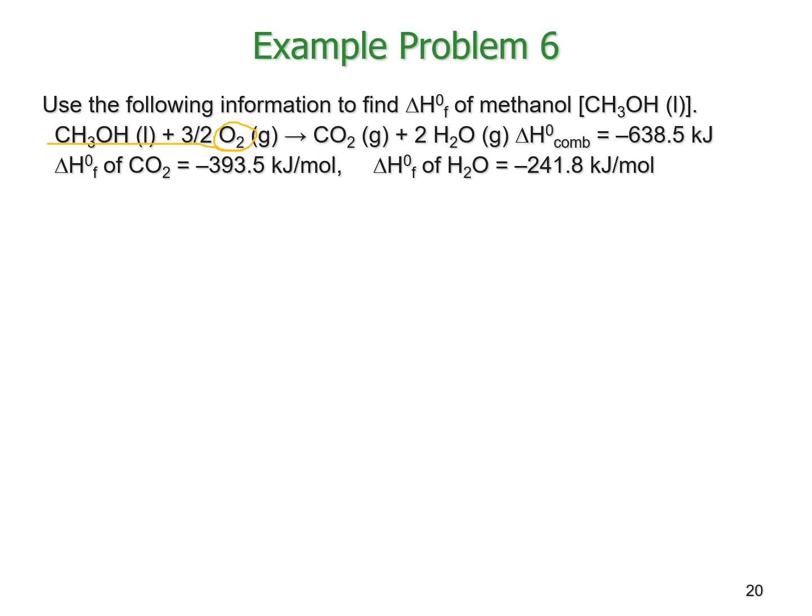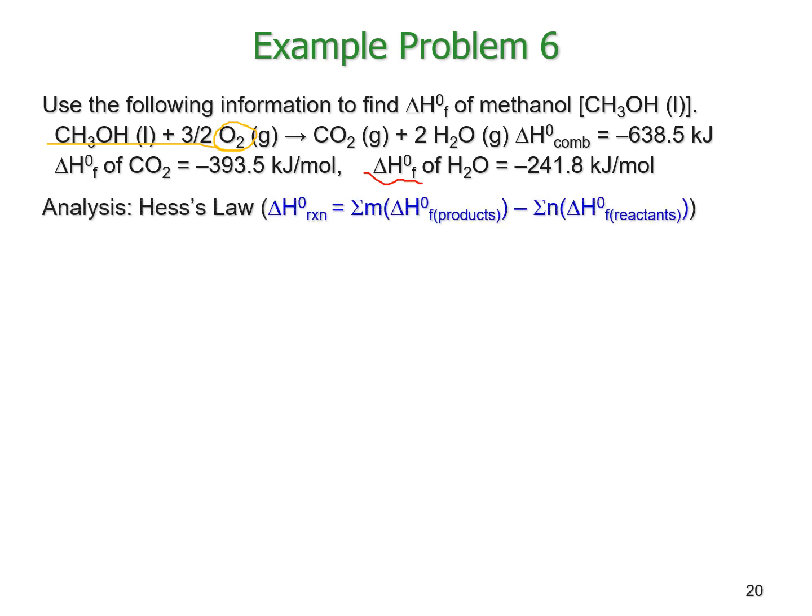So the standard heat of combustion is given for this reaction. And also we are given delta H0F of the two other substances. What's the approach? Every time when we see delta H0F, we know for sure it is the second application of Hess's law. We call for this equation.